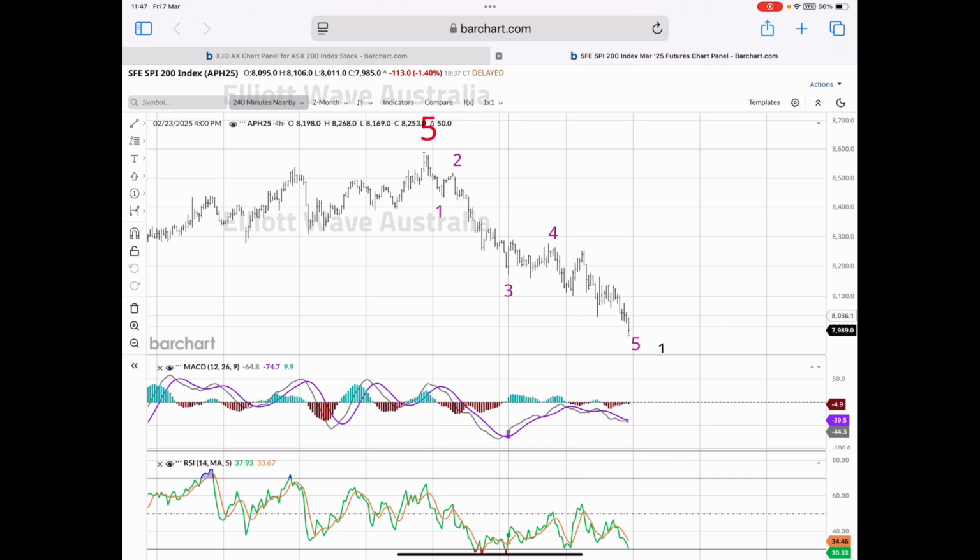And in extended waves, it can often be the 3 of 3 rather than 5 of 3. The 3 of 3 has the extreme MACD, and we've got a sideways consolidation for wave 4, and then what looks to be probably an ending diagonal down to my purple wave 5 for wave 1.